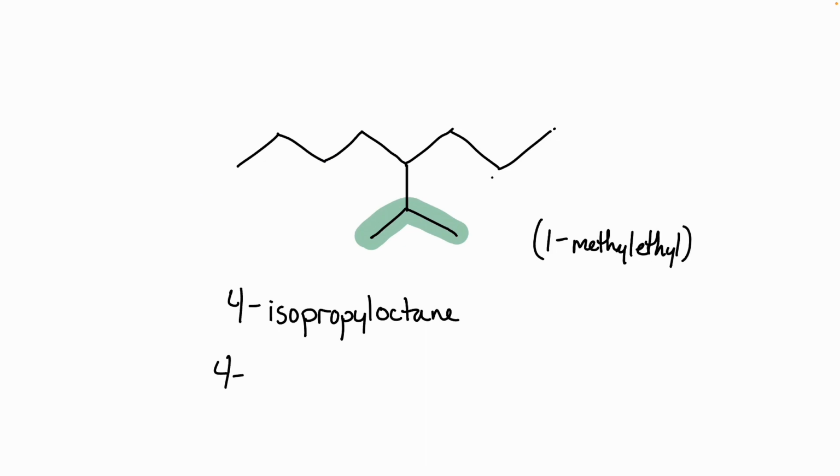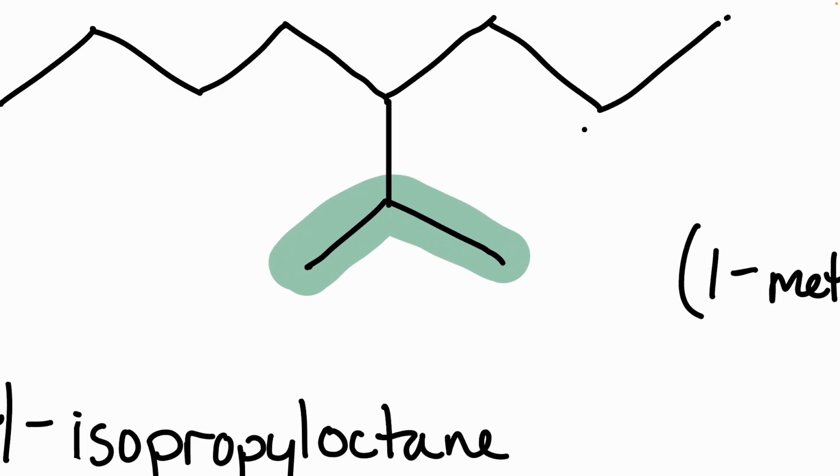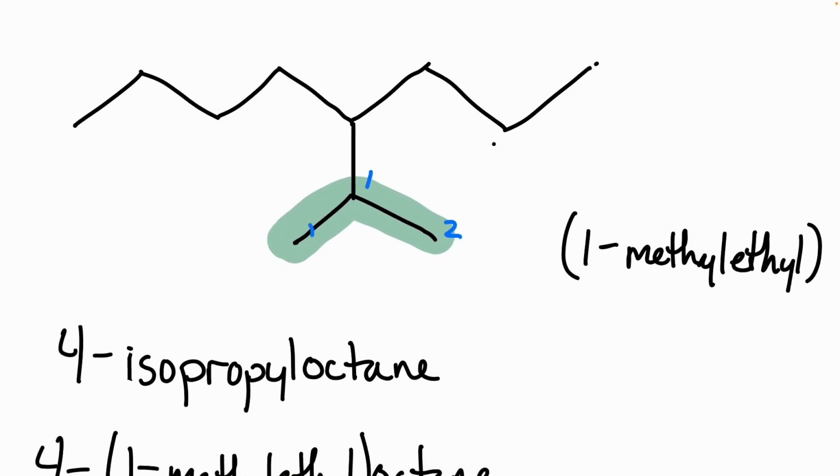So we could have also said that this is 4-(1-methylethyl)octane. Because if we look at our branched substituent here, we play that same game where we say, within this substituent, this is the longest continuous set of carbons. There's this methyl group coming off of that first carbon. So this would also be called a methylethyl group, 1-methylethyl.